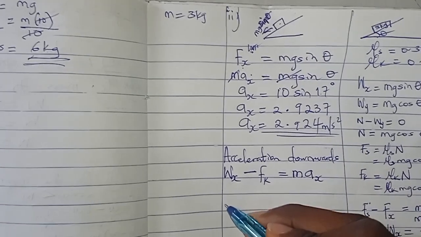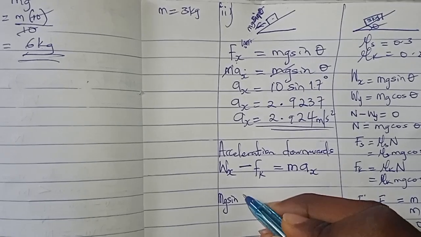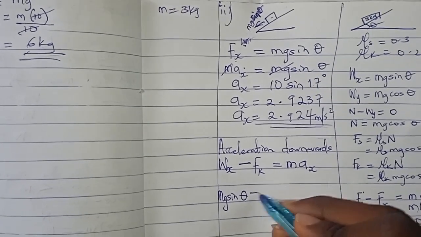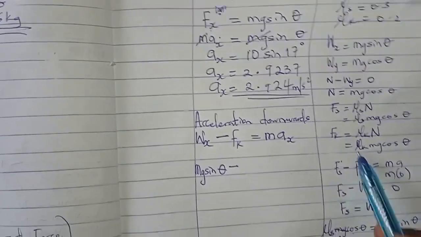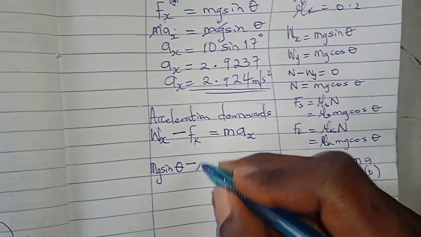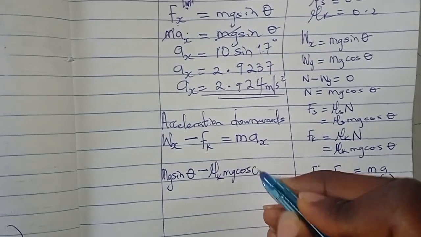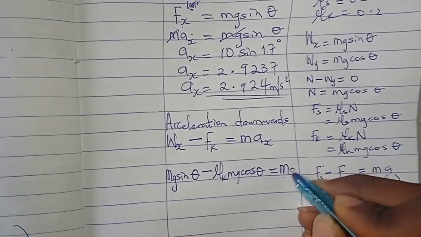Remember that Wx is the same thing as mg sine theta minus Fk. Remember what we did here: Fk is equal to the coefficient of kinetic friction times mg cos theta, which equals max.